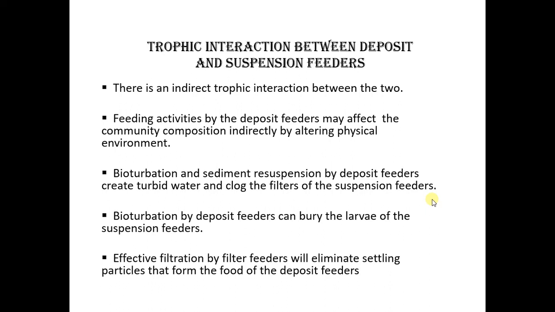So that's exactly what happens here. The suspension feeders can intercept whatever is coming from the upper column, thereby preventing that food from reaching the deposit feeders. So this is the type of interaction that exists. I hope we should be able to explain this.